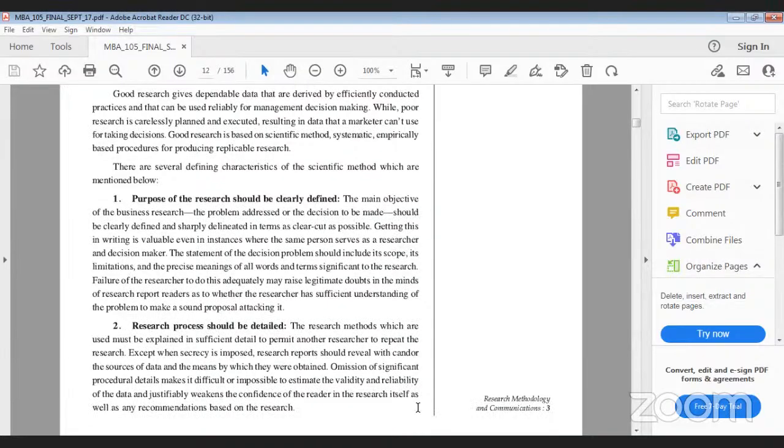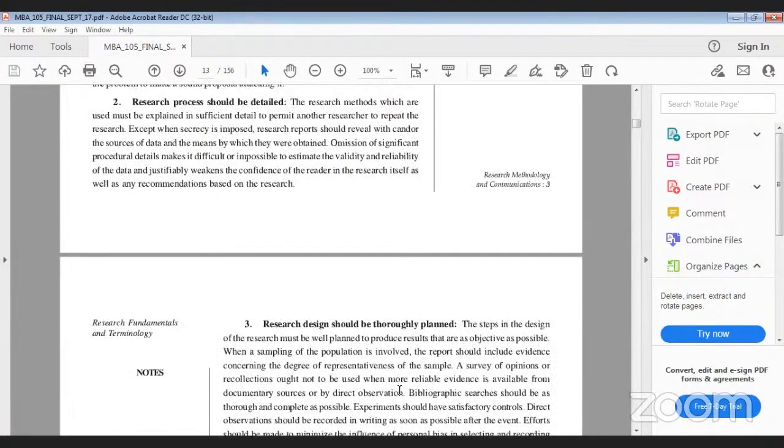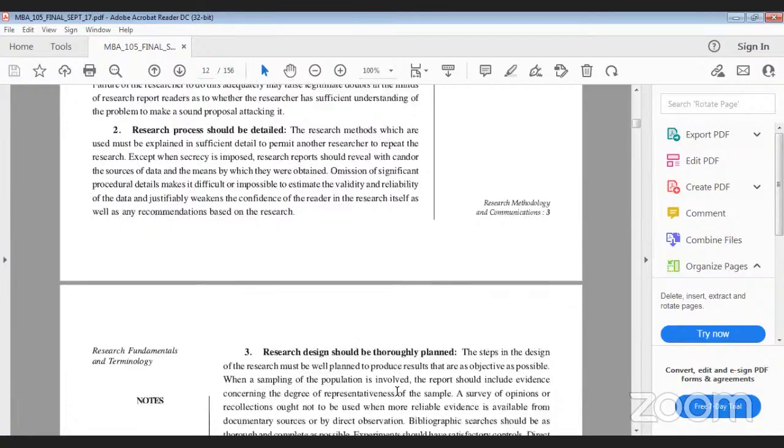Omissions of significant procedural details make it difficult or impossible to estimate the validity and reliability of the data and justify weakness in the confidence of the readers in the research itself as well as in recommendations based on the research. रिसर्च याच्यामध्ये आपलं त्या ठिकाणी जी प्रोसेस असेल ती डिटेल्समध्ये.